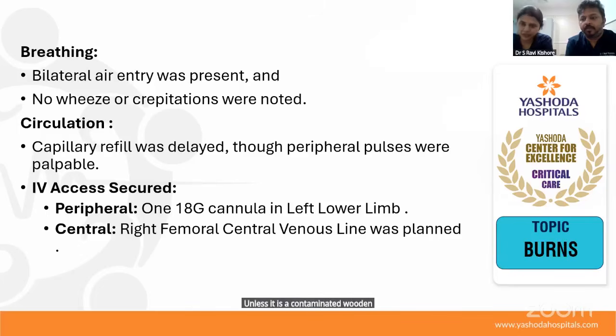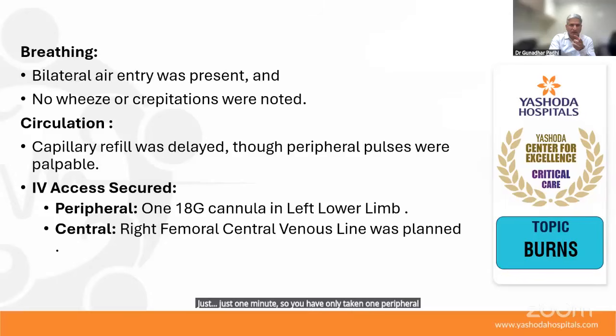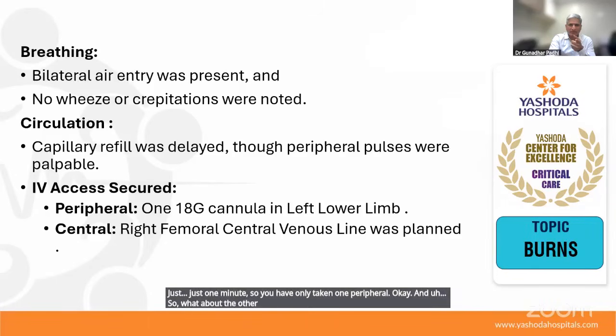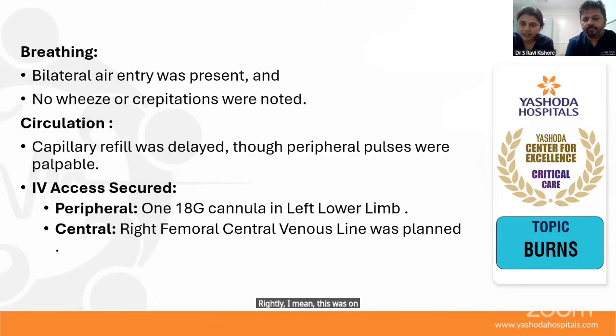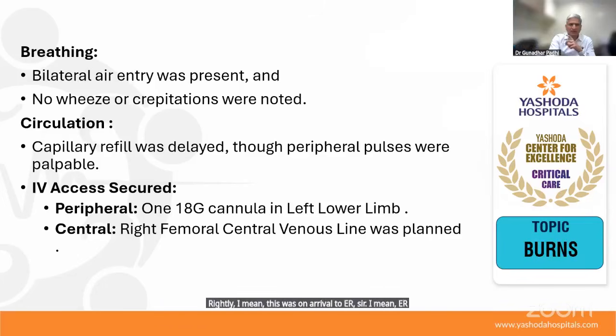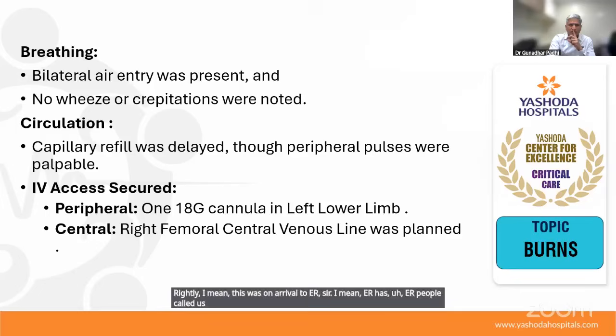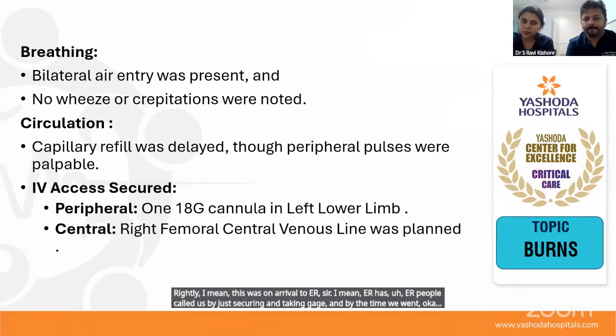Just one minute. You have only taken one peripheral. What about the other limb, the right limb? Sir, this was on arrival to ER. The ER people called us after just securing an access, and by the time we went, we decided to put a central line in the right femoral limb.